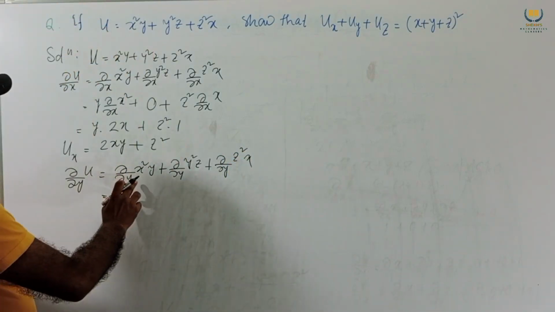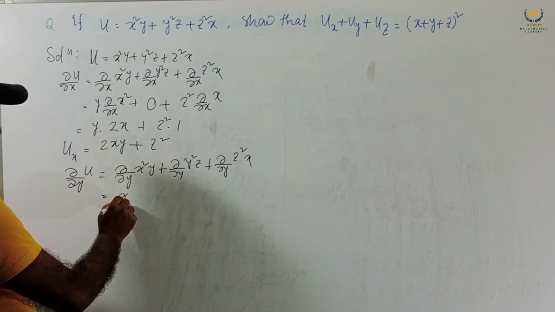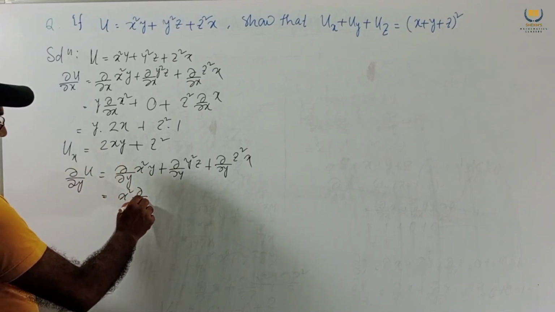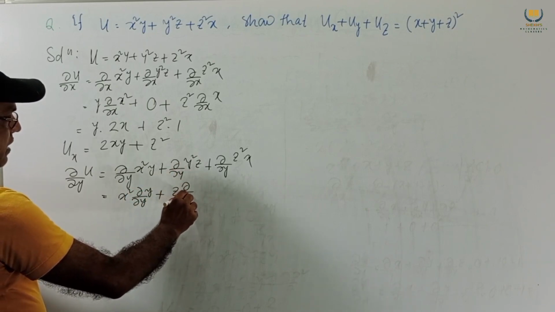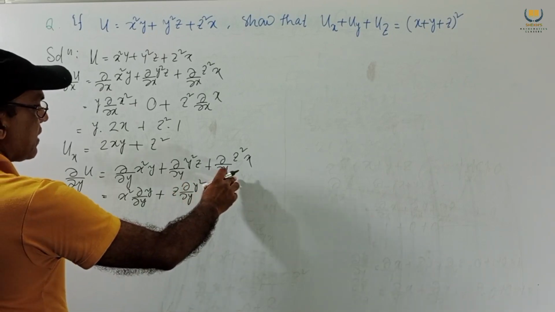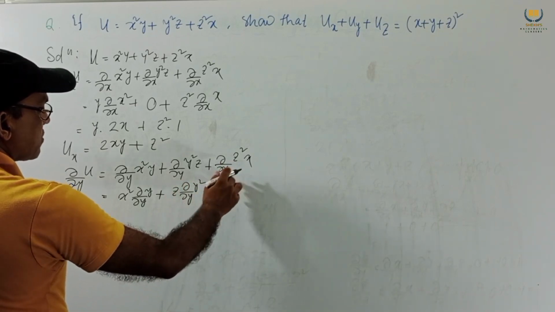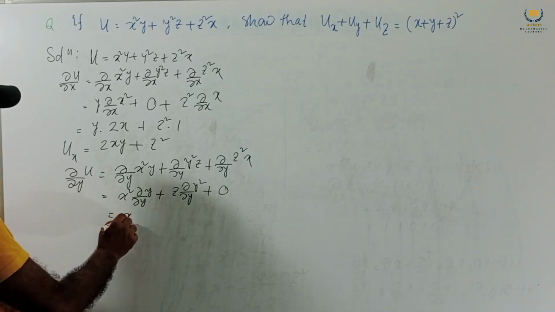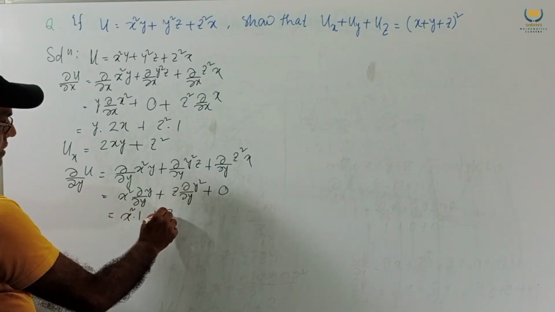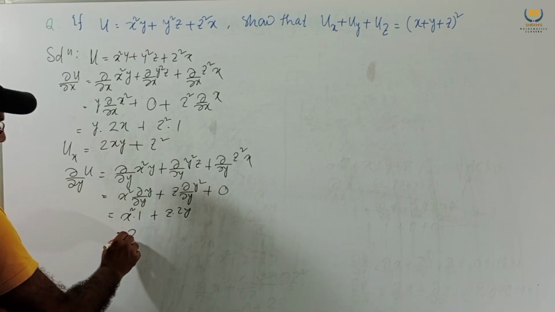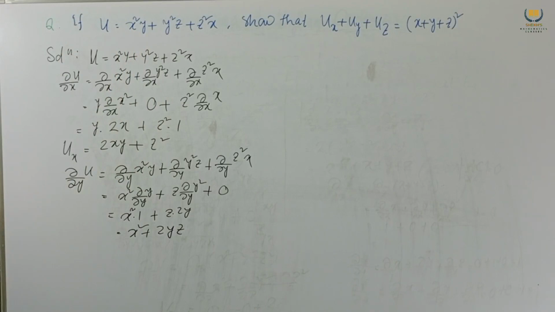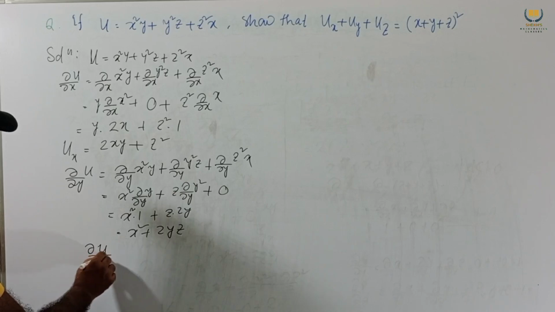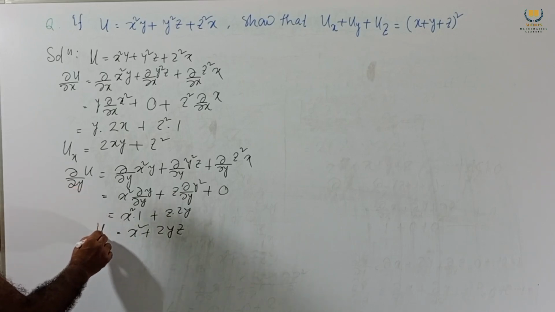With respect to y means x constant, so x square outside, del y of y, and z constant, this is outside, del y of y square, and with respect to y this is constant, this is 0. So x square into 1, z twice y, this is x square plus 2yz. We get this one, and this will be uy.